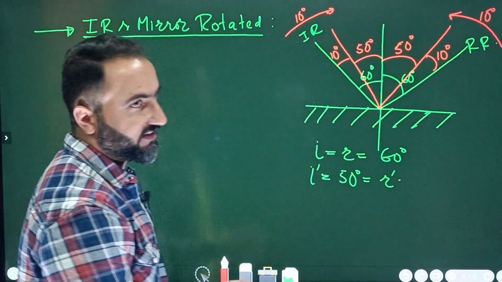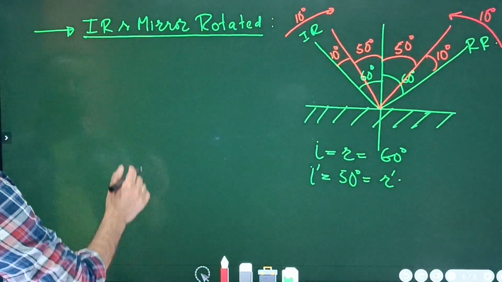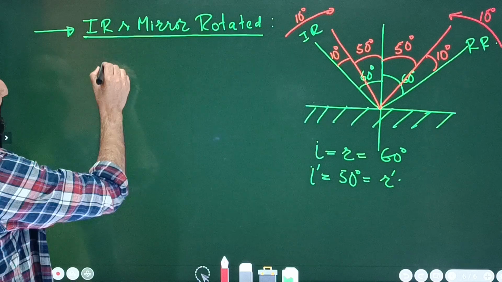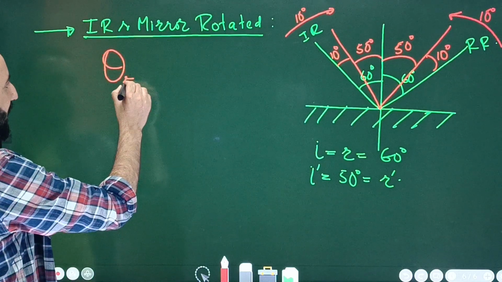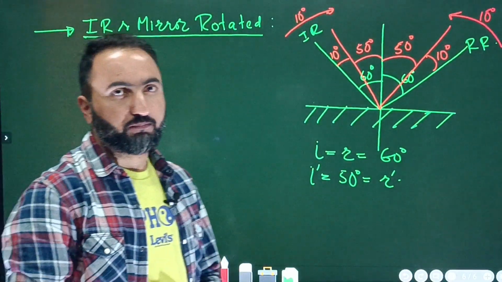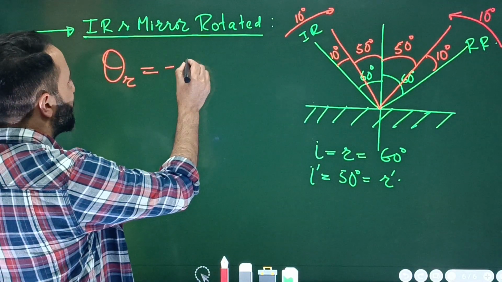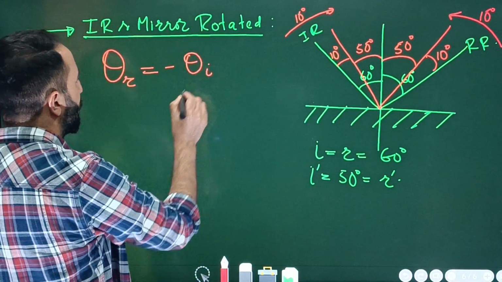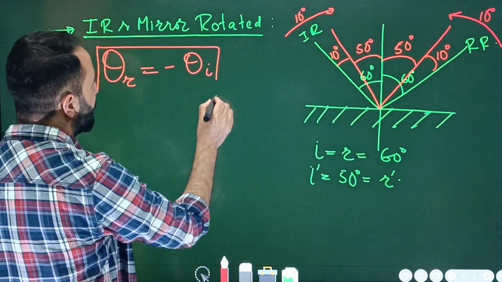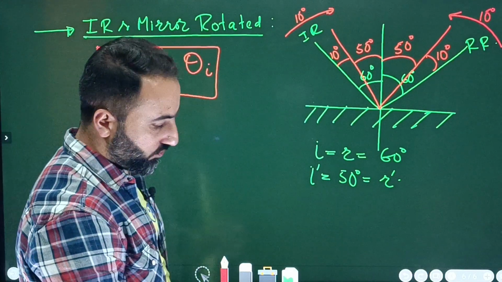Now let me summarize it. This is an important point: theta r, the angle by which the reflected ray gets rotated, is equal to minus theta i. The negative sign implies the opposite sense.